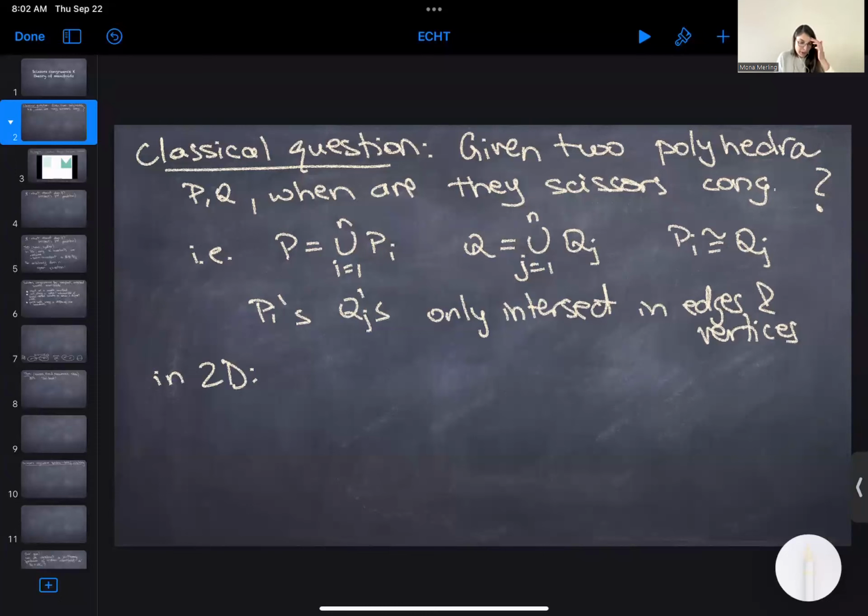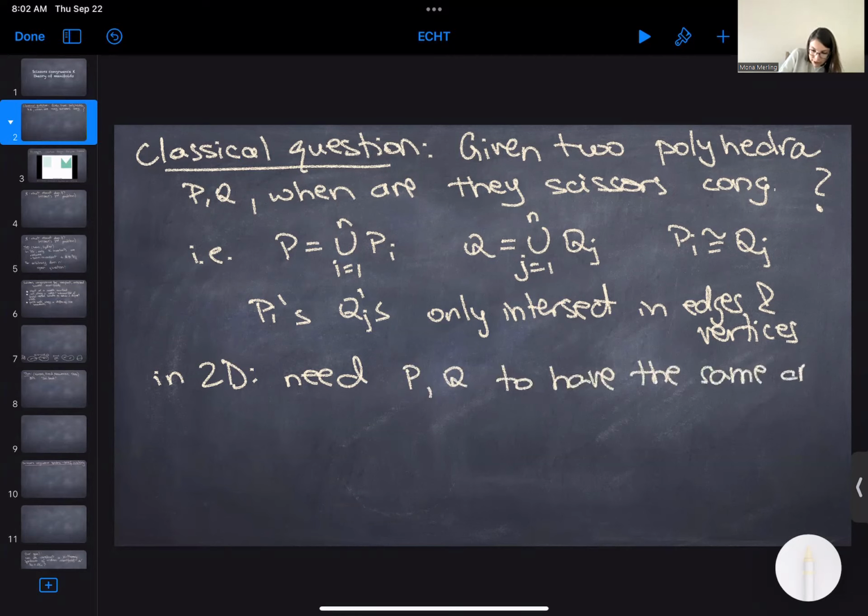So think about polygons. You can ask, when can you cut a polygon up into pieces and reassemble the pieces into your second given polygon? And you might notice that for sure and certain, one of the invariants that you need your two polygons to have is that they have the same area. So we need P and Q to have the same area.